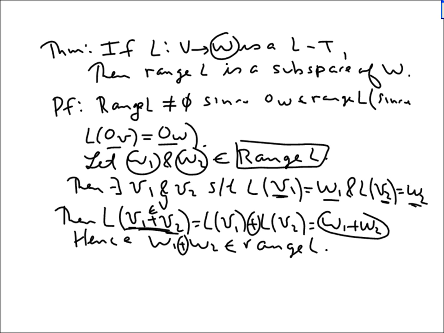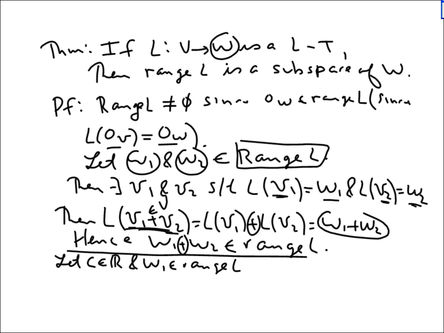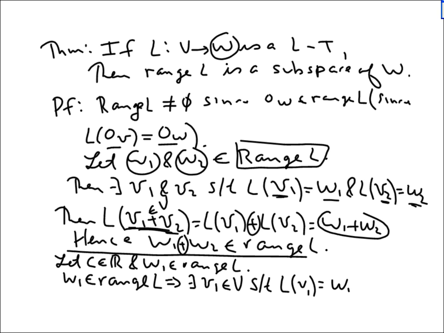Now we have to do scalar multiplication. Let C be a real number, and W1 in the range of L. W1 in the range of L implies there exists a V1 in V such that L of V1 is W1.